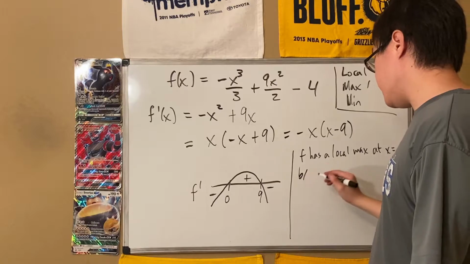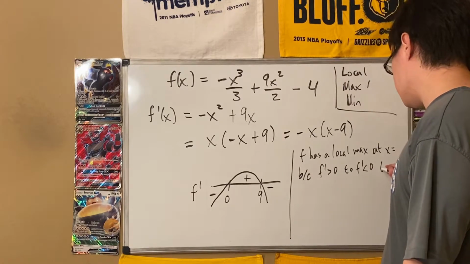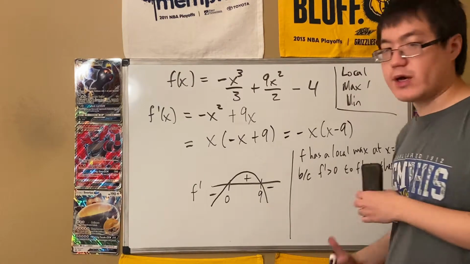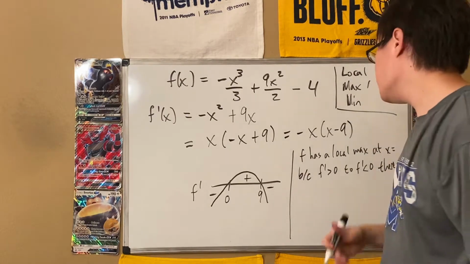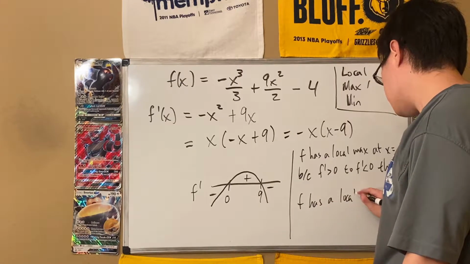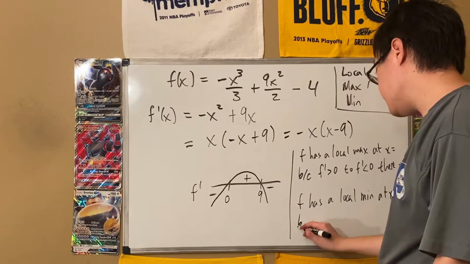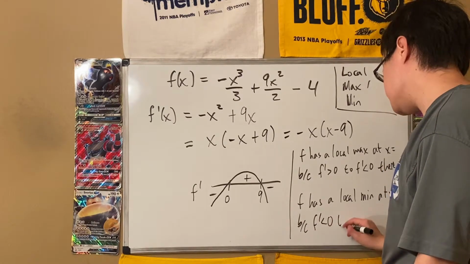And what we'll do is write the answer because f prime goes from positive to negative there. Then we'll write the question and justification for f local min. So f has a local min at x is equal again to a number because f prime goes from negative to positive at some point.